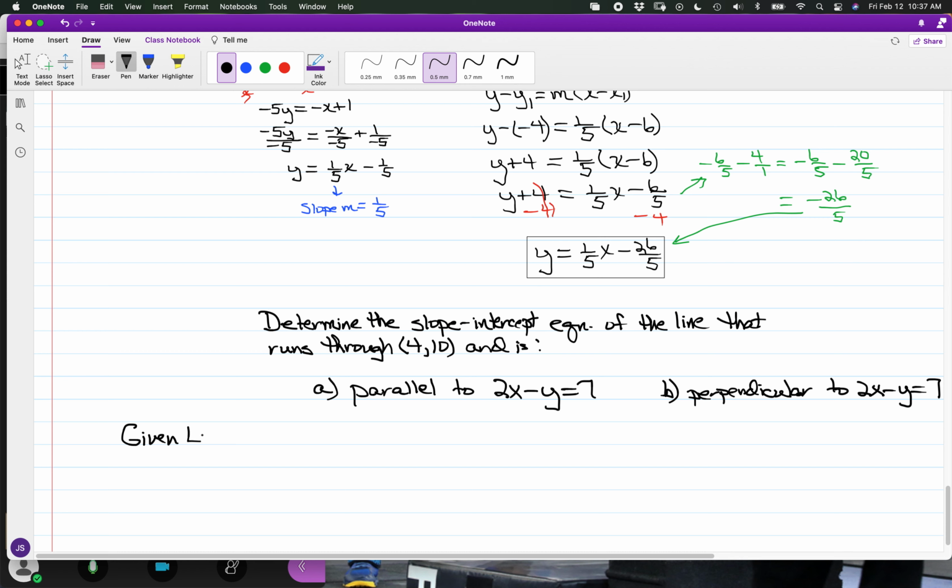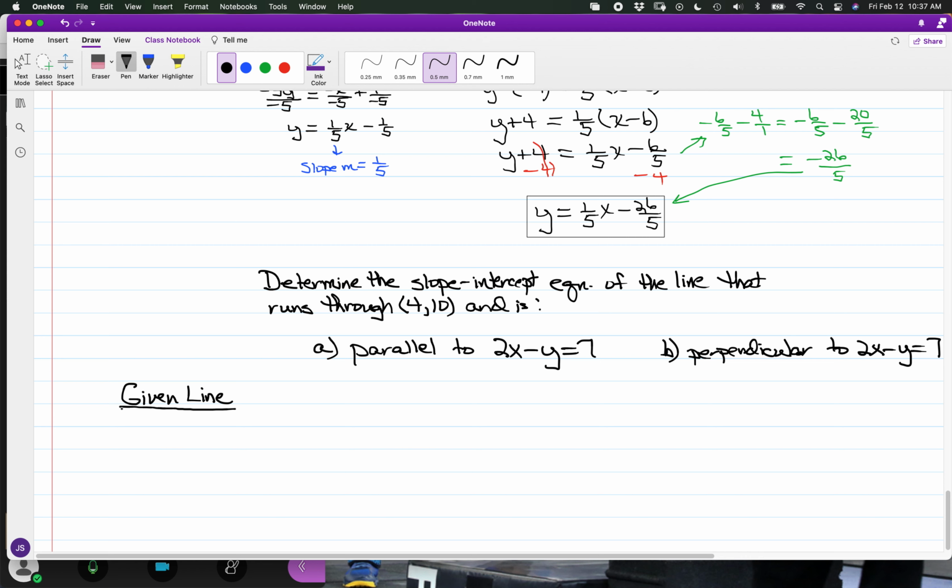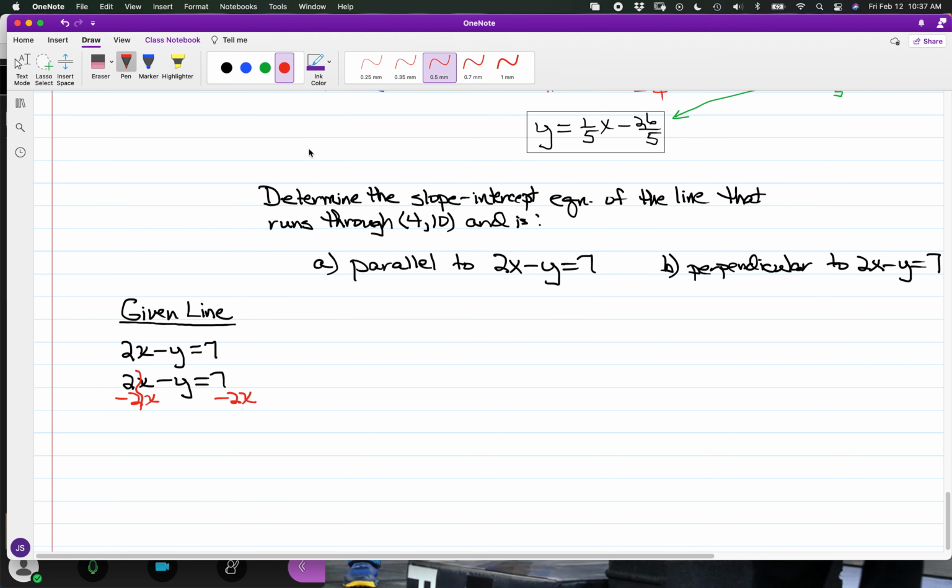And if I convert what I have here to its slope-intercept equation equivalent, starting out with 2x minus y is equal to 7, and if I get the y term by itself, so we have, upon subtracting 2x on both sides, negative y is equal to negative 2x plus 7.